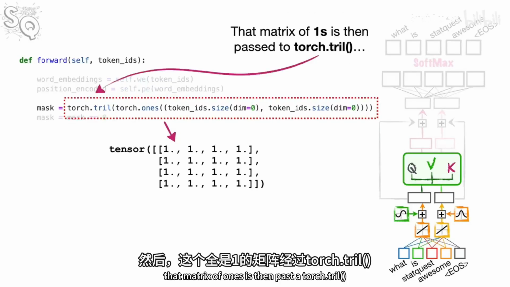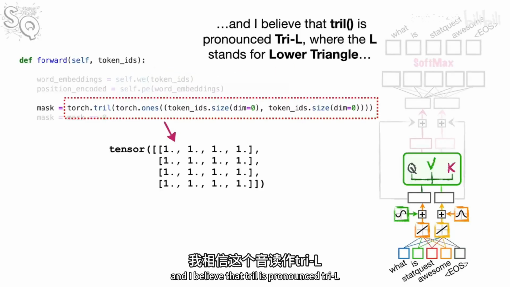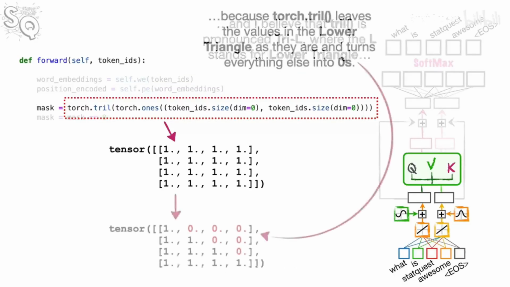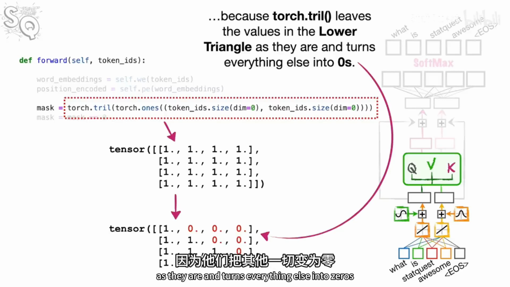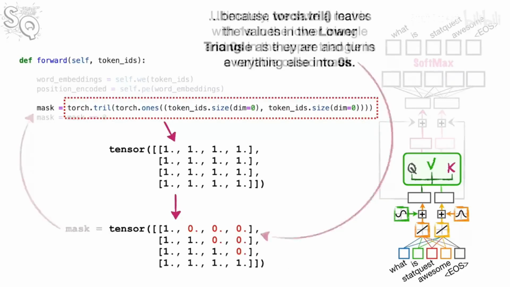That matrix of ones is then passed to torch.tril. And I believe that tril is pronounced "trill", where L stands for lower triangle, because torch.tril leaves the values in the lower triangle as they are and turns everything else into zeros.